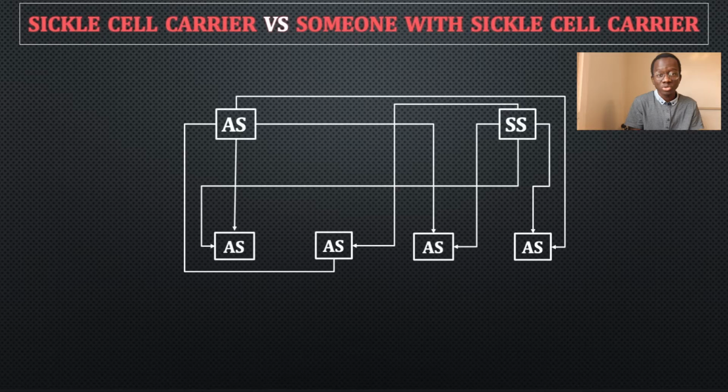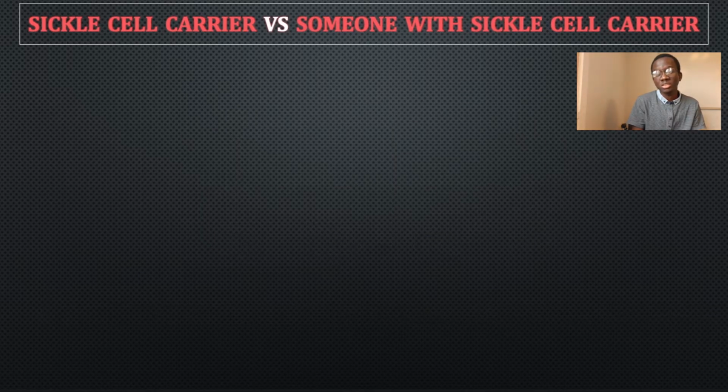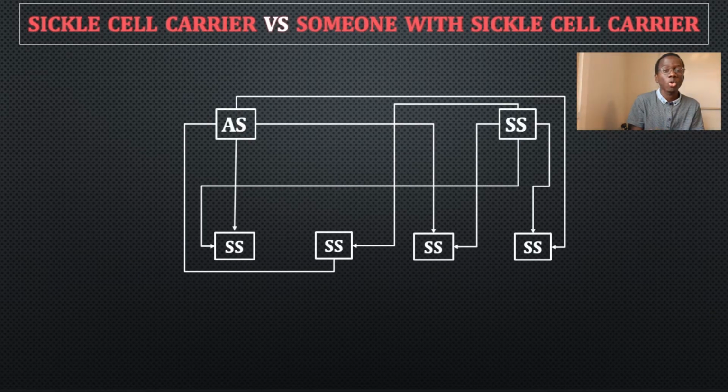There is a probability of all their children having an AS, which is a carrier of the disease, but they don't have the disease and they won't experience the condition. And there is a probability of their children having the sickle cell trait at the end of the day, or having the sickle cell disease, as shown in this diagram.